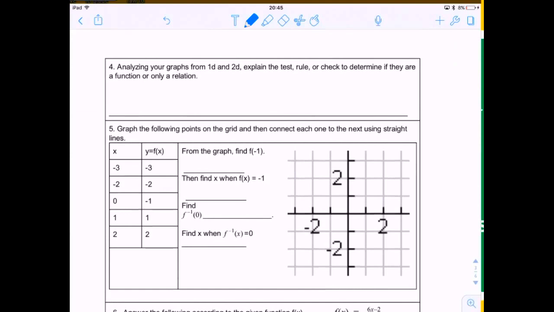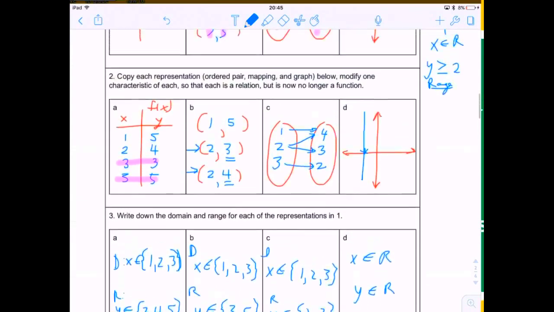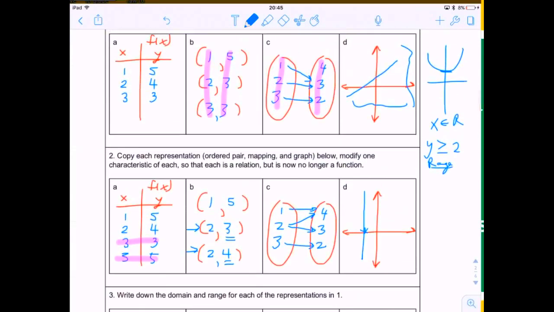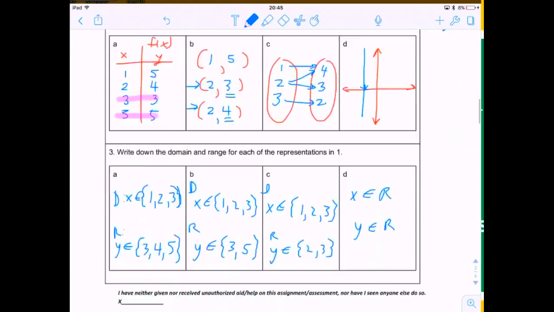Analyzing your graphs from 1D and 2D, explain the test, rule, or check to determine if they are a function or only a relation. Okay, so we're going to look at 1D and 2D. So 1D is the graph. So how do we check the graph to make sure that it's a function or a relation?